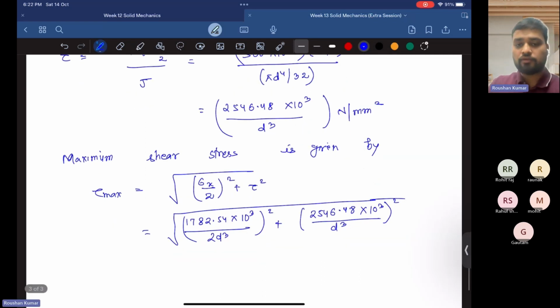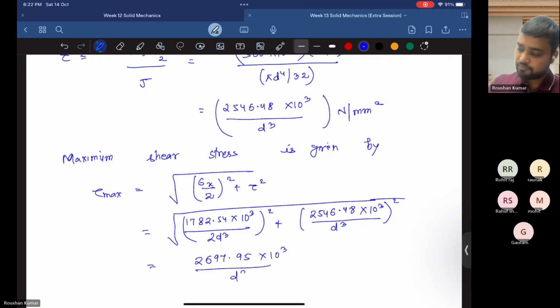Okay, so if you calculate this, I'll just write the final expression that I get after calculating these values. The final value that I get is 2697.95. You can also calculate by yourself. If there is a mistake, please tell me so that I can correct it here. Into 10 to the power 3 upon d cube Newton per mm square. So this is the maximum shear stress that we get in terms of diameter.